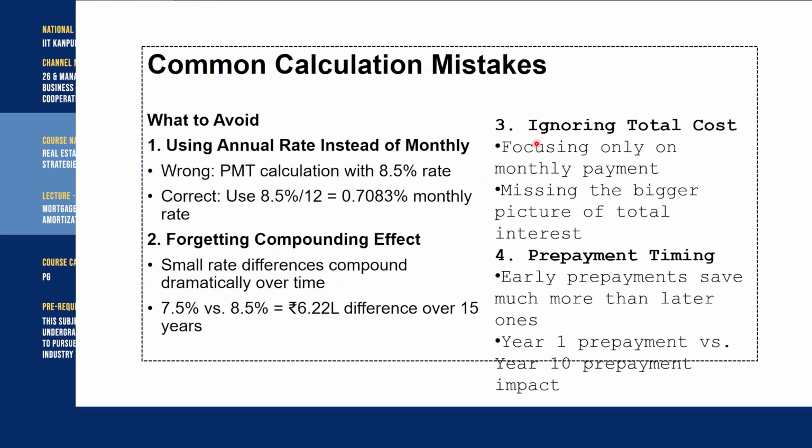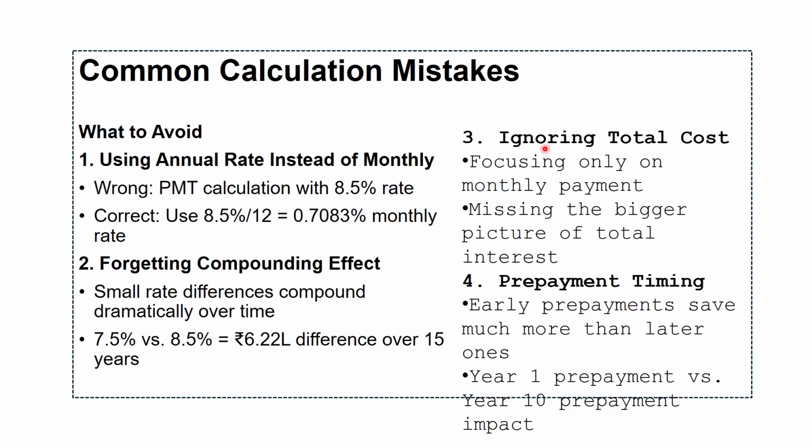Then mistake 3, focusing solely on the monthly payment, missing the bigger picture of total interest. For example, you are missing the 46.37 lakh interest cost. You have to take that into account.